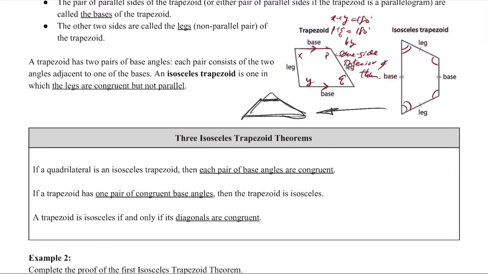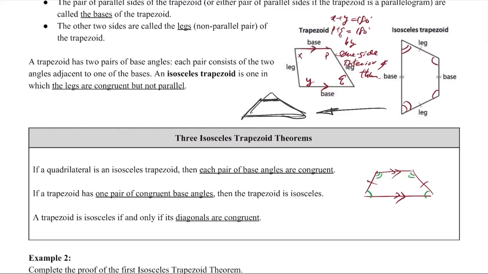Now, there are three isosceles trapezoid theorems. The first is that if a quadrilateral is an isosceles trapezoid, then each pair of base angles are congruent, right? So given this information, guys, they're the same and they're parallel. See that, guys?